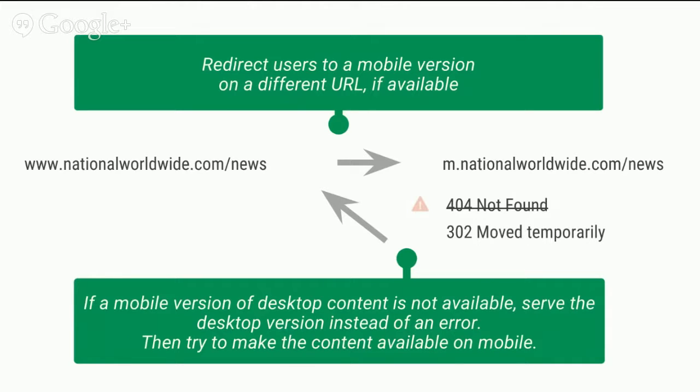But if it isn't, at least give them that specific content in the desktop version, because they may have to do additional navigation, but they'll get it. This, however, you should only see as a temporary fix. Really, your objective should be to make sure that your m.website is a robust, full version of your website, and that you're not seeing it as a partial solution.